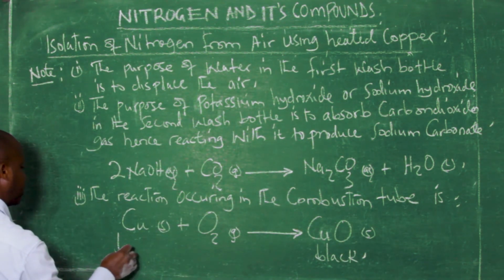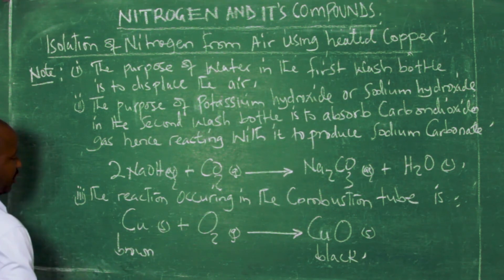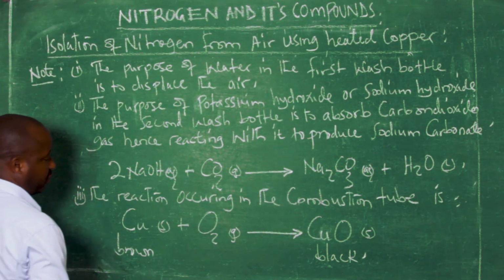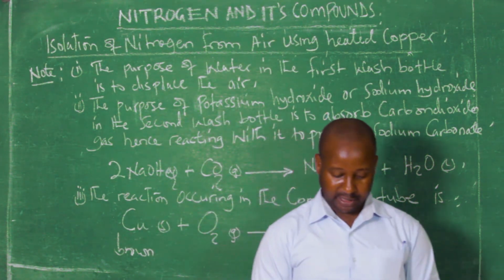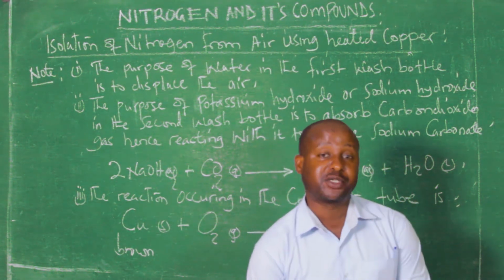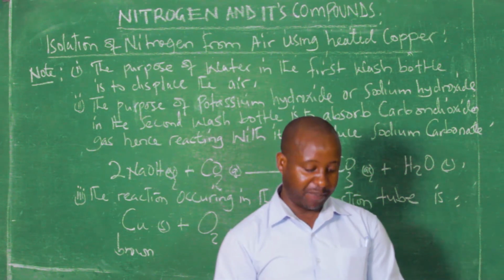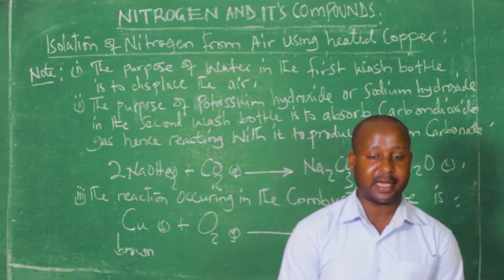Here we have brown copper metal reacting with oxygen gas in the combustion tube, producing copper 2 oxide, which is black in color.